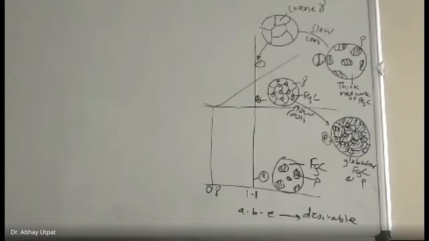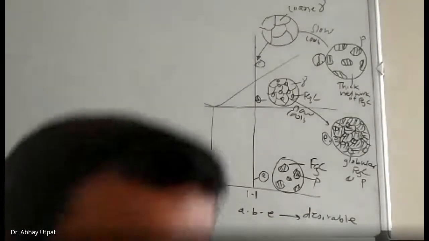Hence, annealing of hypereutectoid steel is carried out above A1 and not above A3. This you can conclude the statement.